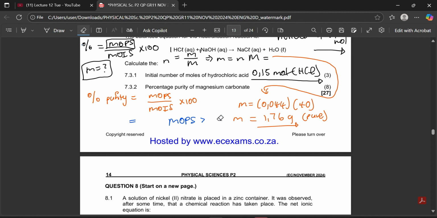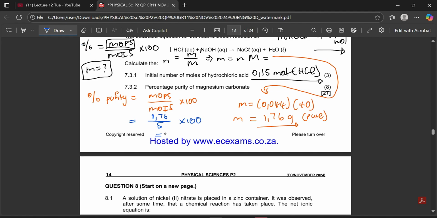So it's very important, just to check in the exam whether you're correct or not, that you check your mass. Your pure mass must be less than your mass of the impure substance. So now I can substitute 1.76, divide by 5, multiply by 100.